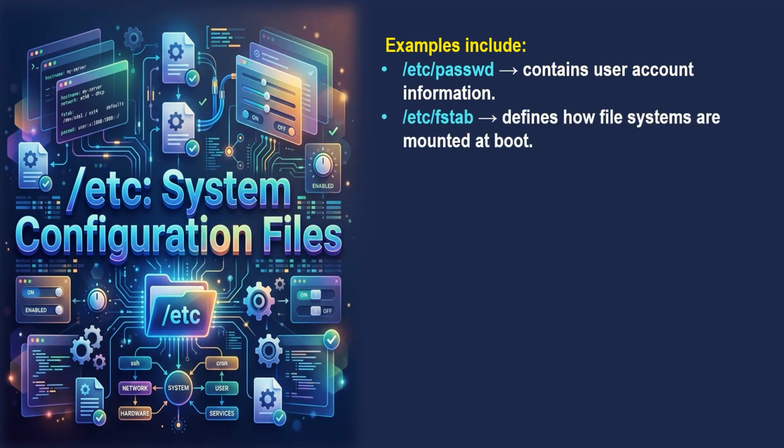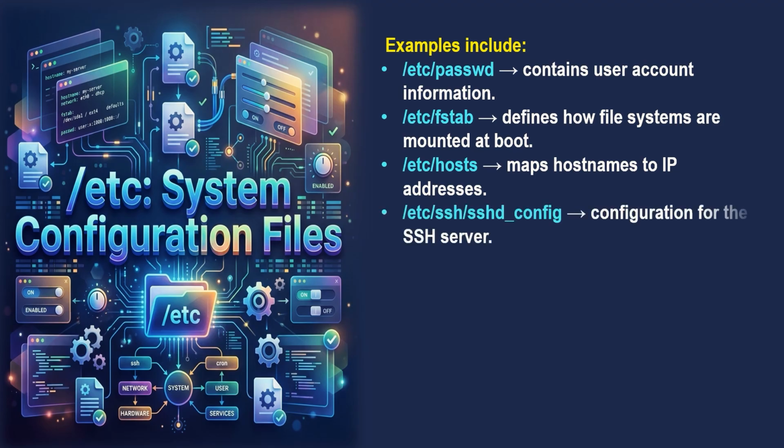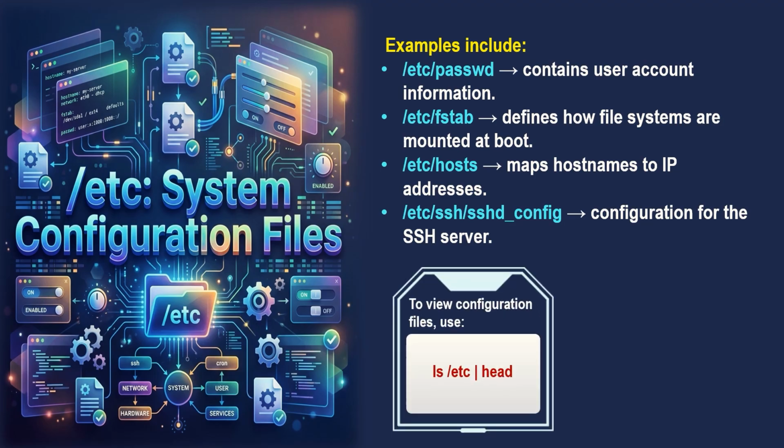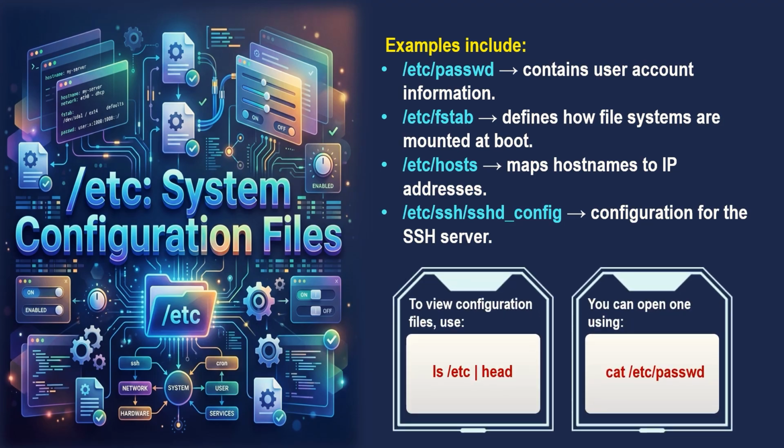How file systems are mounted at boot is under /etc/fstab. How to map the host name to IP address is under /etc/hosts. Configuration for the SSH server is under /etc/ssh. To view a configuration file, you can open one using cat /etc/passwd. It's read only for normal users to prevent accidental modification.